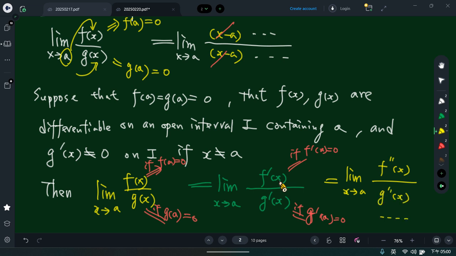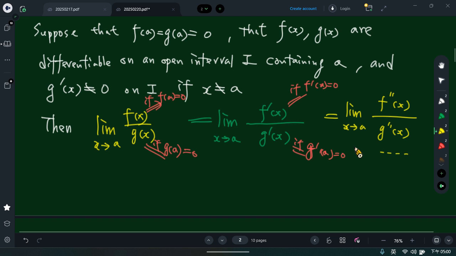So you can just continue the process until one of these two functions is not 0 anymore. Okay, then you can get the result. Can you understand the process?